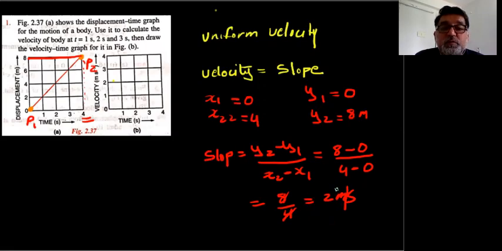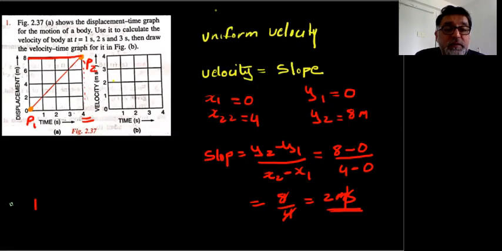So if you have to draw the velocity time graph, remember the body is moving with a uniform velocity, so the velocity at every given time will be exactly the same, which is 2 meters per second.